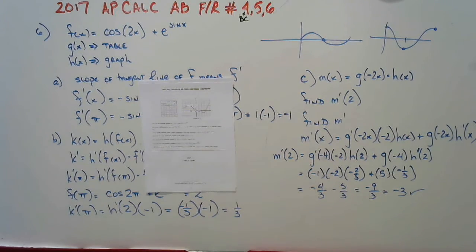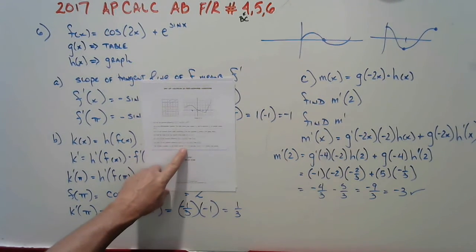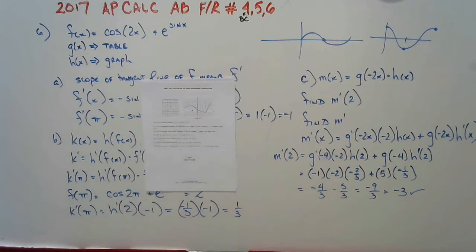So they're really making us play with the quotient, the product rule and the chain rule on this problem. Part D says, is there a number in the closed interval negative 5 to negative 3 such that g prime of c equals negative 4? Justify your answer.